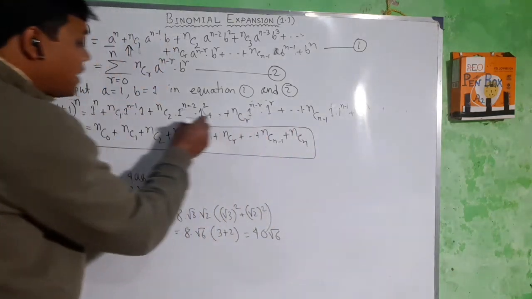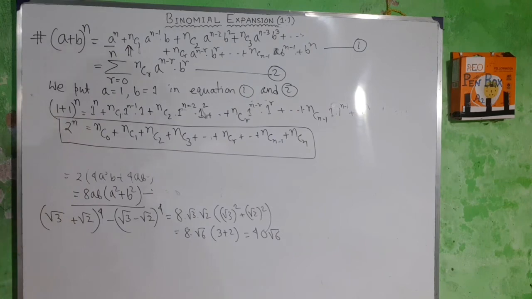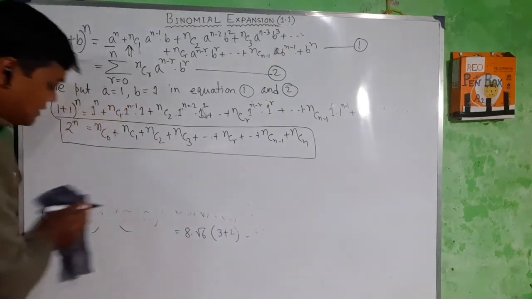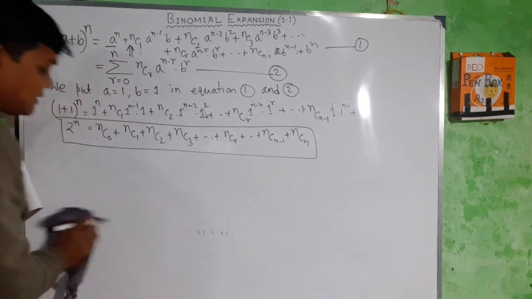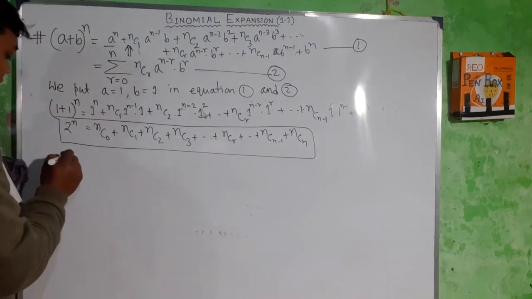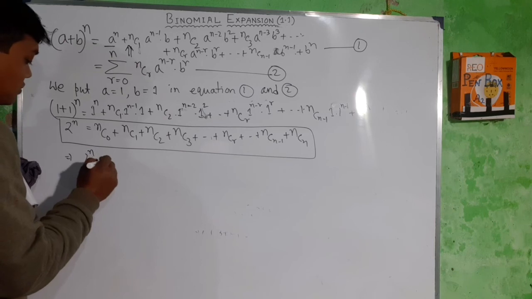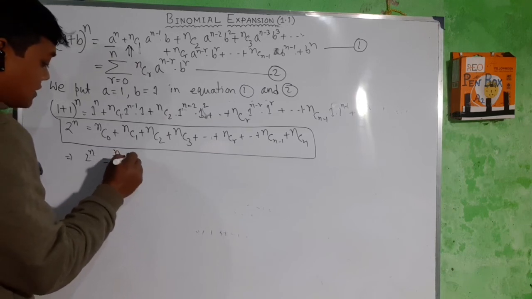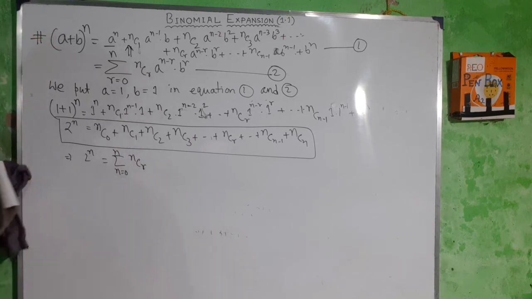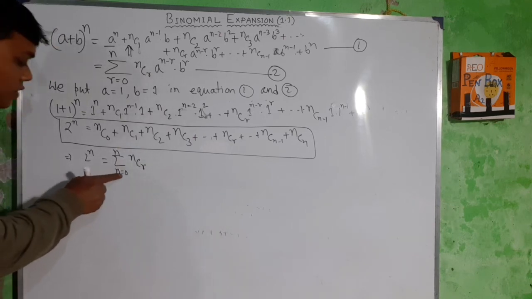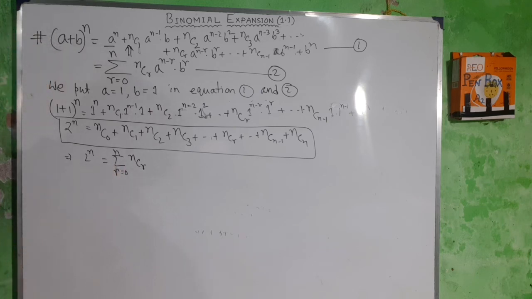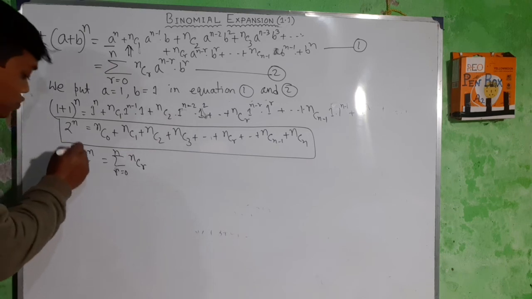It is nC0 plus nC1 plus nC2 plus nC3 plus nCr plus nC(n minus 1), and you can write 2 to the power n equals the summation of nCr, r equals 0 to n. That gives 2 to the power n.